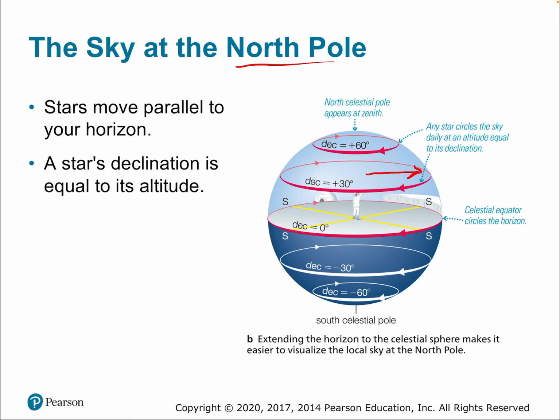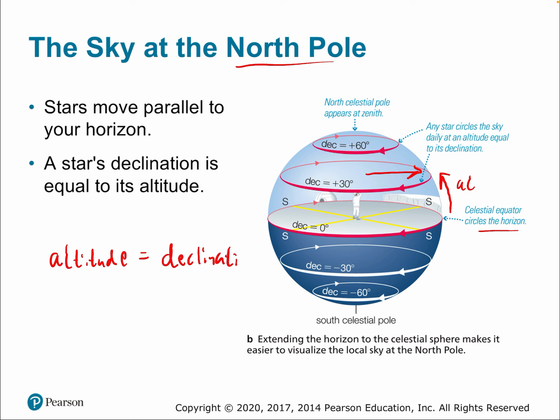Since your horizon matches up with the celestial equator, there's an exact equality between the altitude in your local sky and the actual declination. So I'll write over here: altitude equals declination.